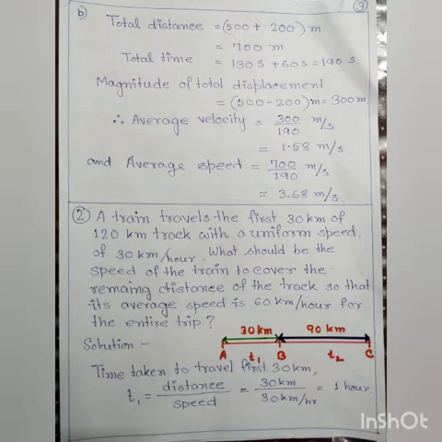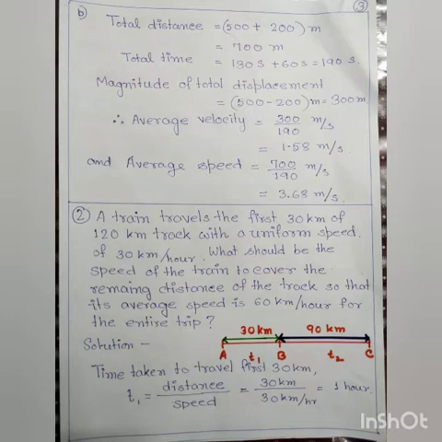And average speed will be 700 by 190 meters per second, that is 3.68 meters per second. From these examples we can understand the concept: speed is greater than the magnitude of average velocity if the direction of motion changes. Clear?